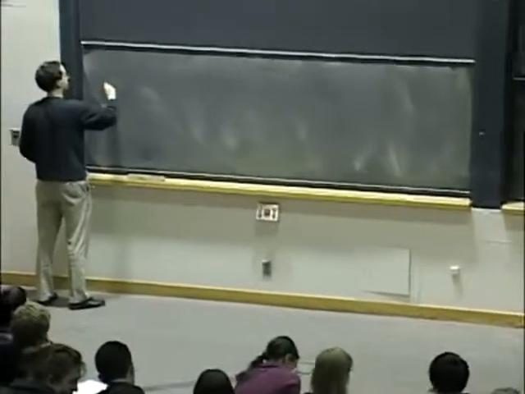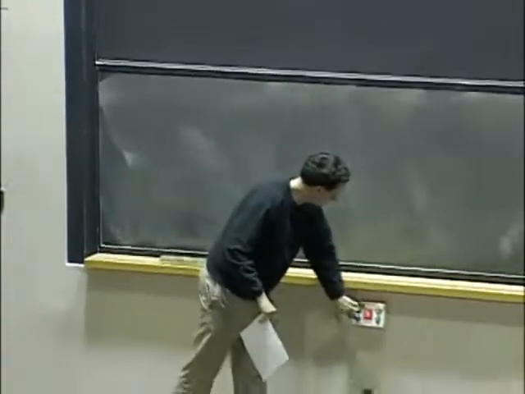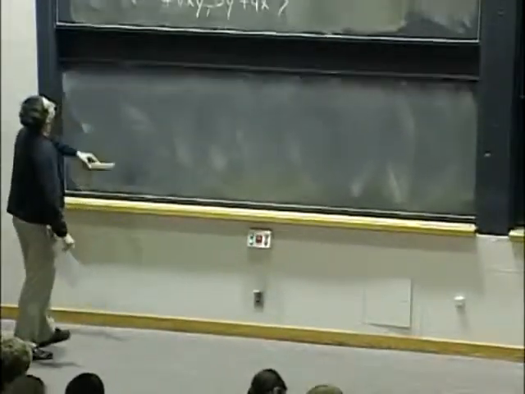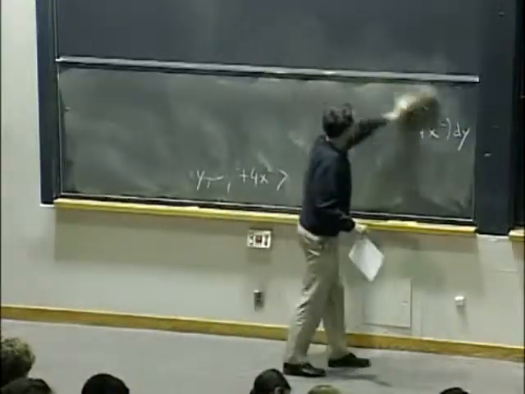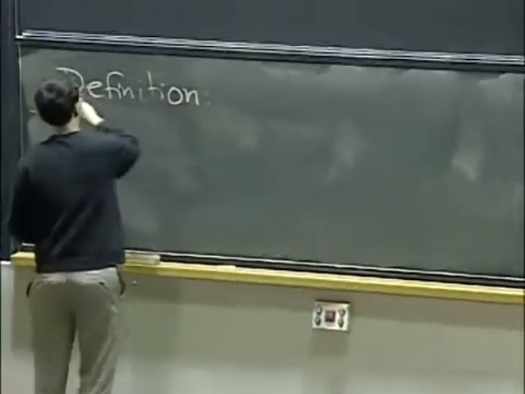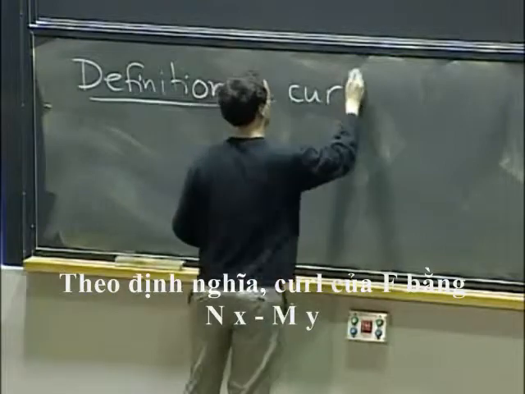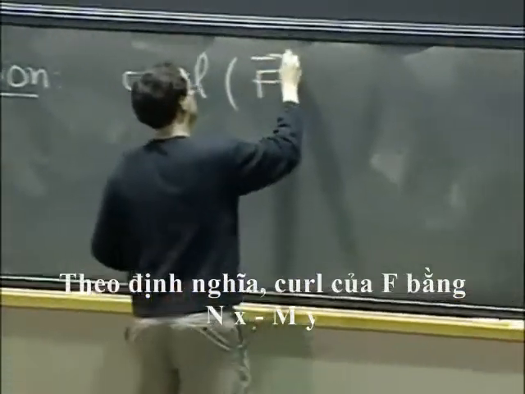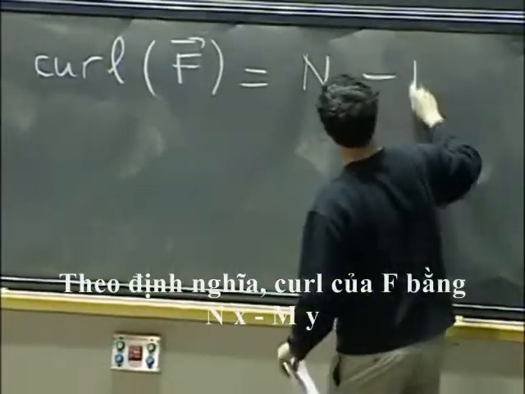By definition, we say that the curl of F is the quantity n sub x minus m sub y.